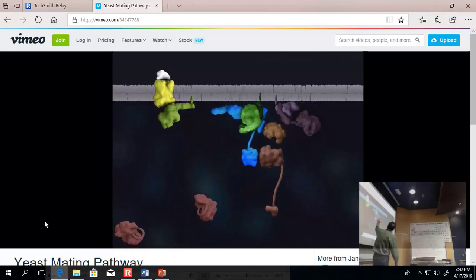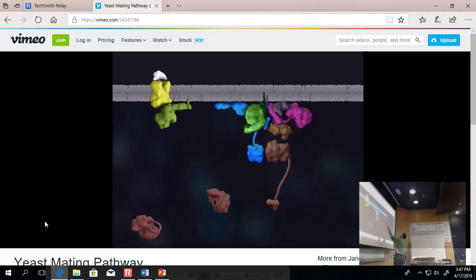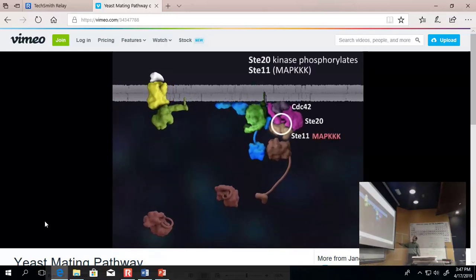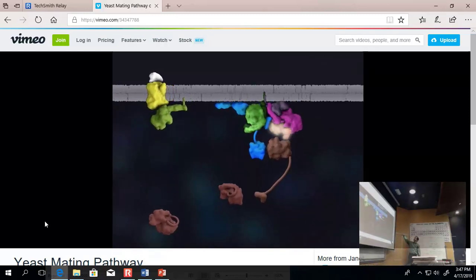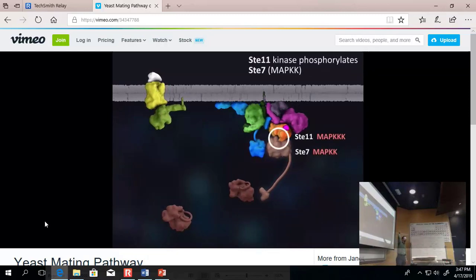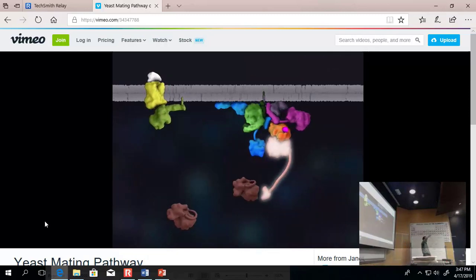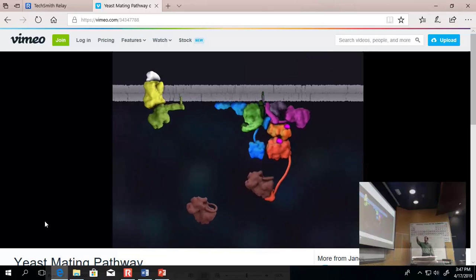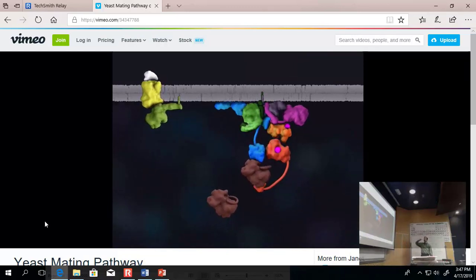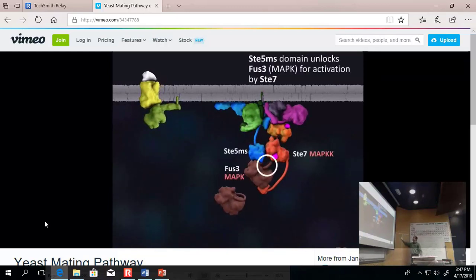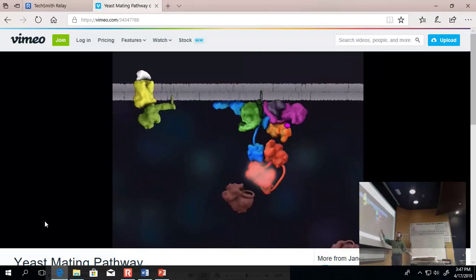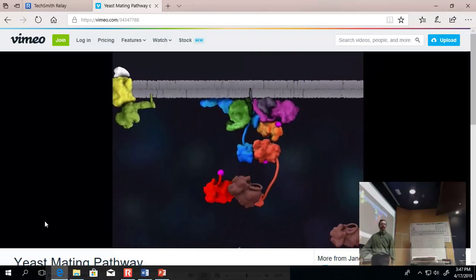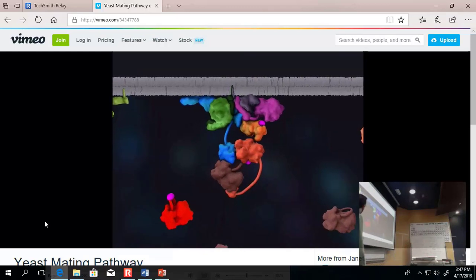But then the G protein goes and it binds other stuff. It makes a big complex in this state, and it makes the MAP kinase. They tack on the Ks to indicate that there are other levels of kinases that it will affect. Look at all these conformational changes. You have all this kinase activity going on, and there you have stuff getting phosphorylated.